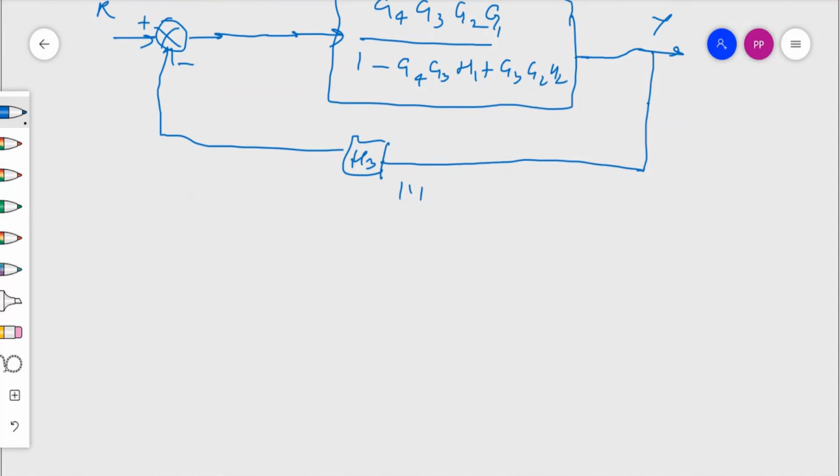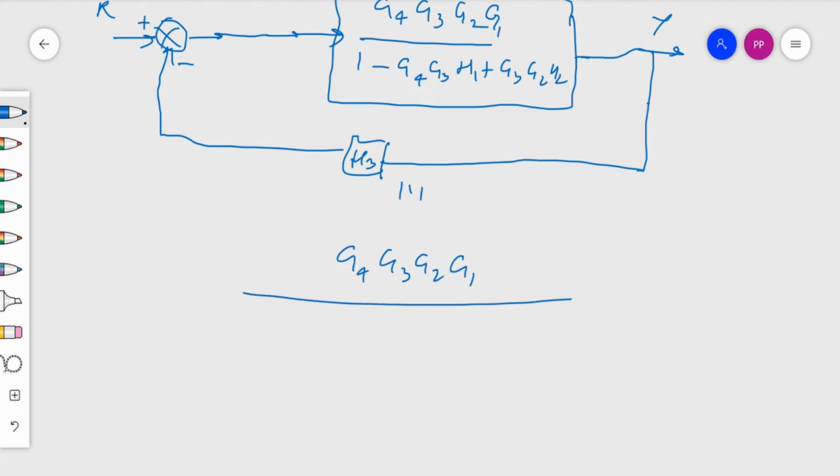If you take the negative feedback system simplified by the formula, G4 G3 G2 G1 should be divided by 1 minus G4 G3 H1 plus G3 G2 H2 plus G4 G3 G2 G1 H3.